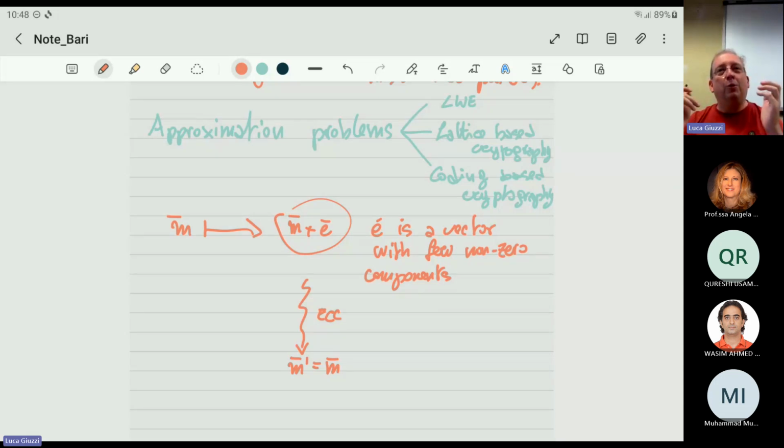So what we have to do is to find some systems which are so large, with so many parameters, that unless you have a backdoor or some way to cheat, it's too hard to implement.